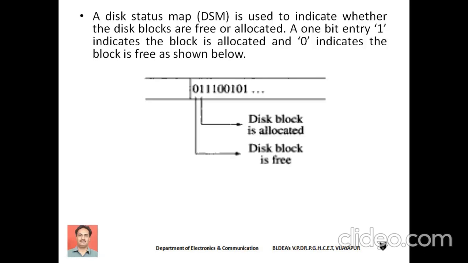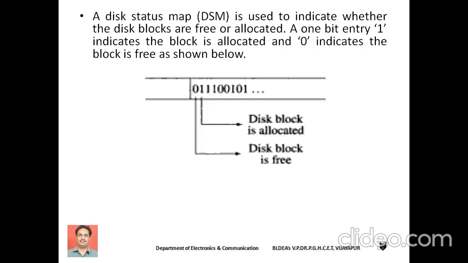Say, for example, the first bit may refer to the first block, the second bit may refer to the second block, and so on. Here, if you look at this disk status map, the first bit is 0, right? That 0 indicates that the first block is free. It can be allocated to any file when the operating system requests.